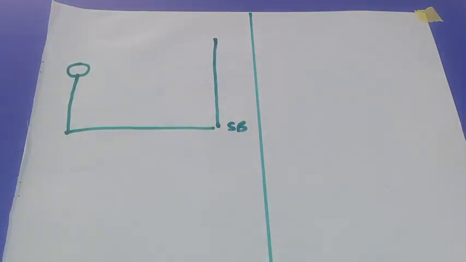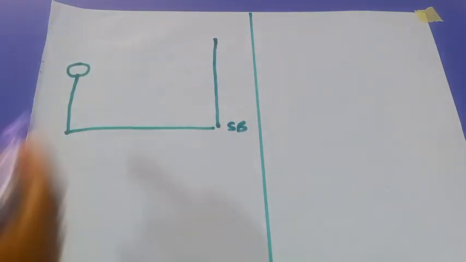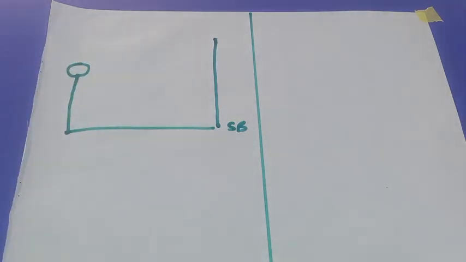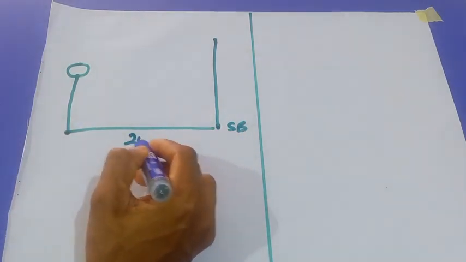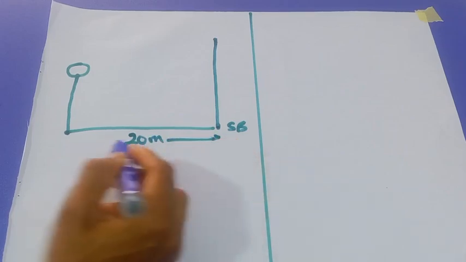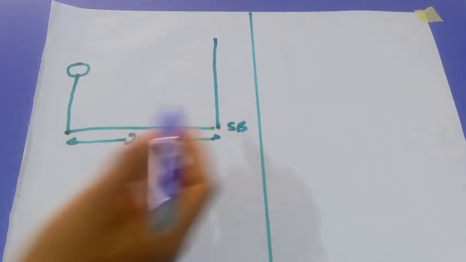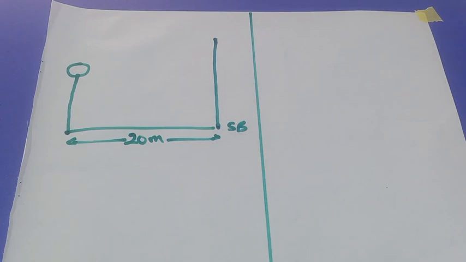Now remember the question said the angle of depression of a mango, that's this mango, on a tree 20 meters away from the base of the storey building, means that from here to here is 20 meters. The distance between the mango tree and the storey building is 20 meters.